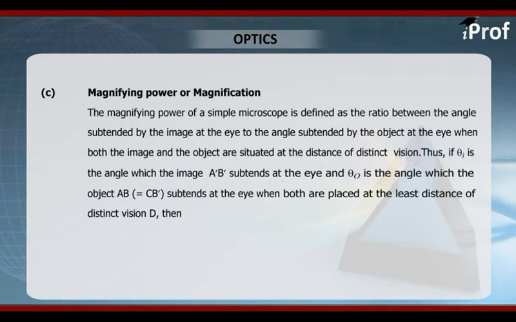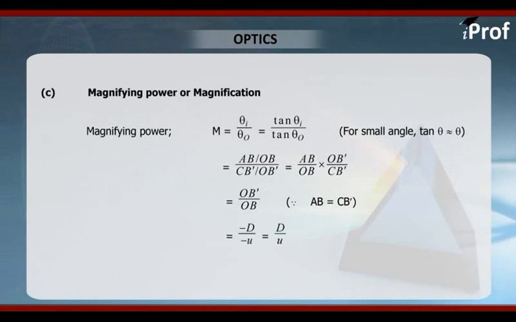if θ_I is the angle which the image A'B' subtends at the eye, and θ_0 is the angle which the object AB, which is equal to CB', subtends at the eye, when both are placed at the least distance of distinct vision D, then we can write magnifying power as θ_I over θ_0, which we can write from small angle approximation as tan θ_I over tan θ_0.